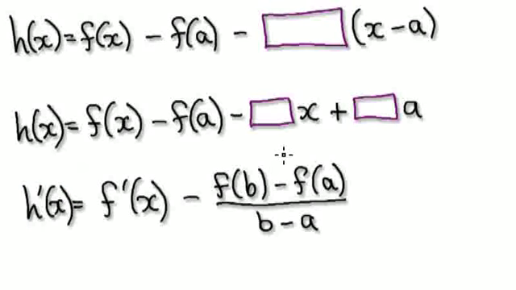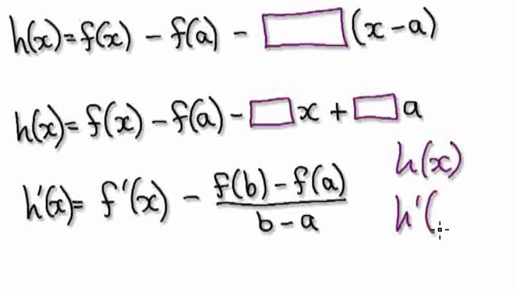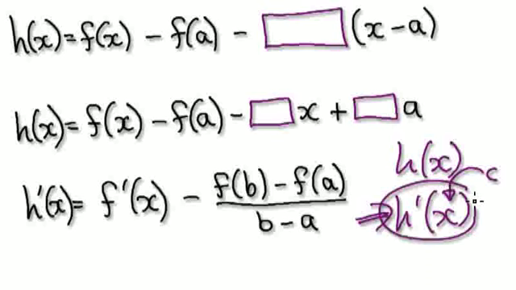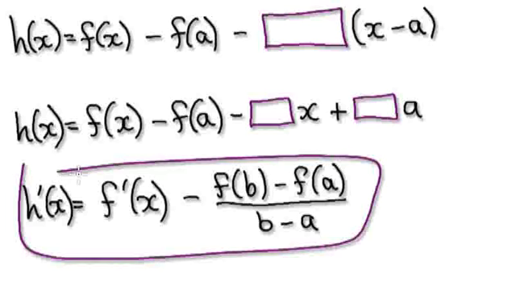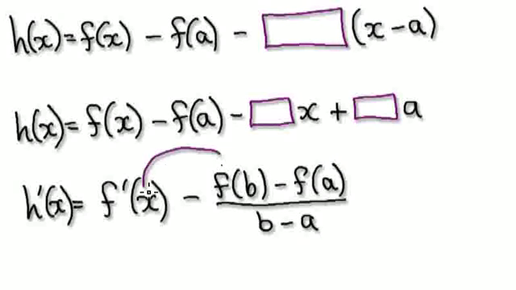Well, we started out with h of x. Differentiating it gave us h prime of x. We know somewhere in between there must exist a point C, somewhere in between a and b, where this will be 0. So looking at this here, we know that somewhere in between there must exist a C where this will be 0.